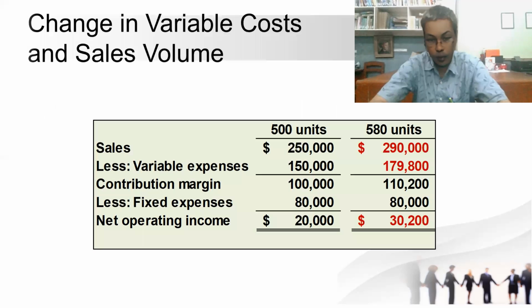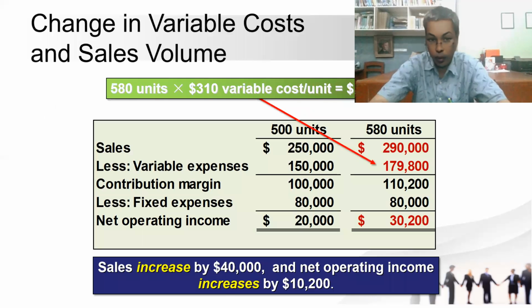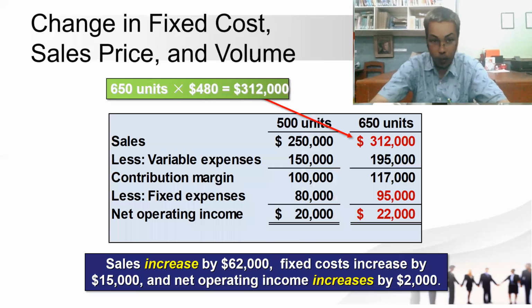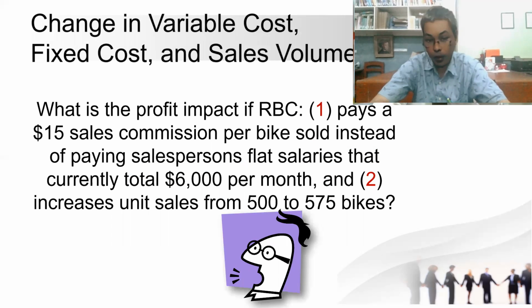Okay. For 500 units, we have what? We have 150,000 variable expense. That is variable cost. So that is our point of contention here. Okay, so let us be reminded one by one.